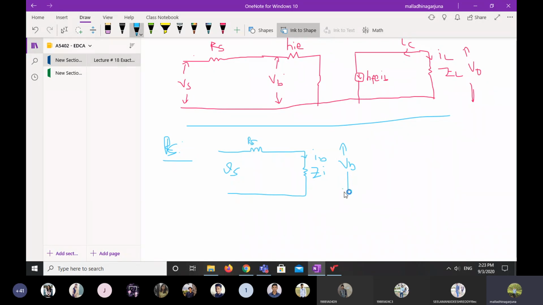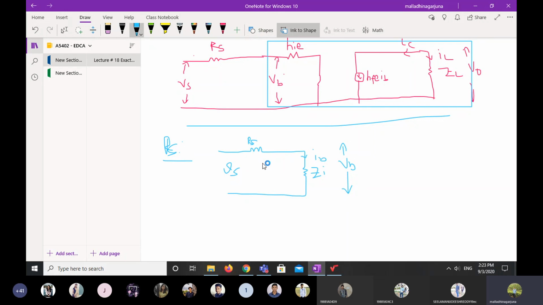This portion we calculated as the input impedance, so in the entire circuit diagram I'm just replacing it with simply ZI. ZI carries the current IB, and the voltage drop across it is VB. The input is VS, the source voltage, with the source resistance.